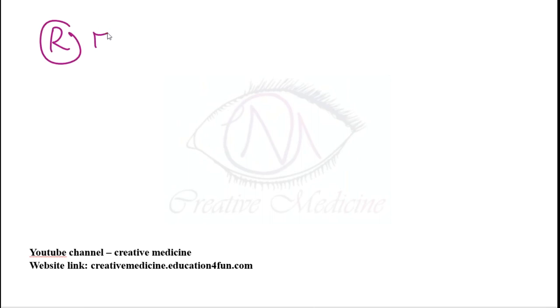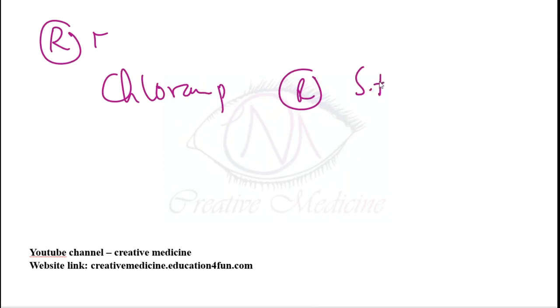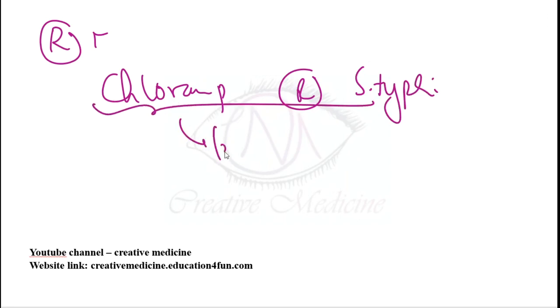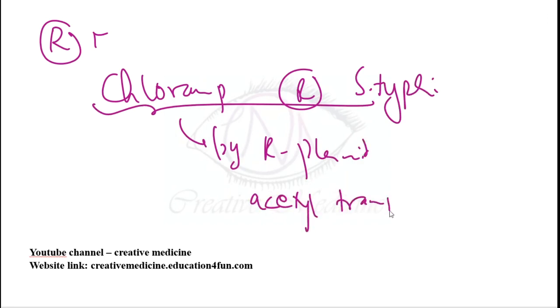Then if you see the resistance, chloramphenicol resistant Salmonella typhi have been developed. They are developed by an R plasmid, which encodes acetyl transferase.